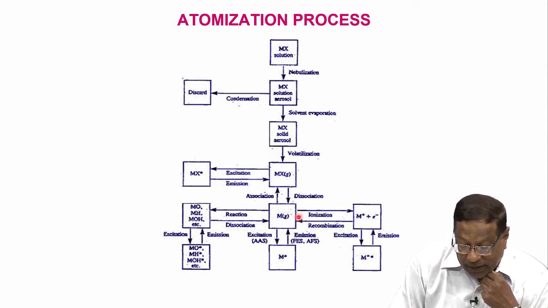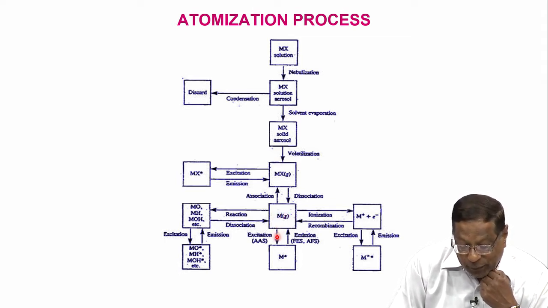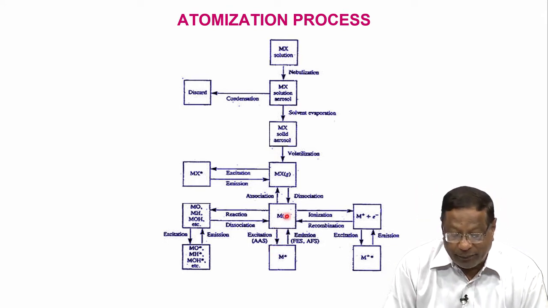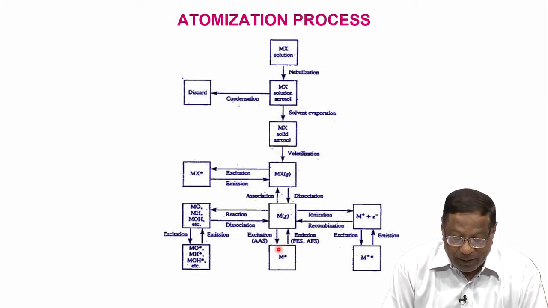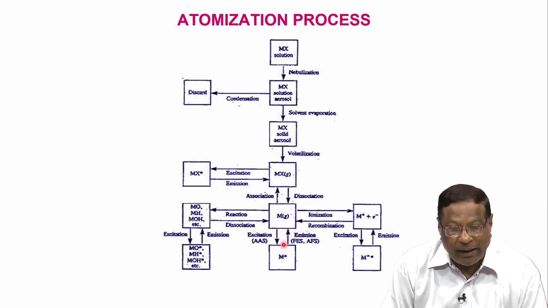Now, the other process is that the metal in the gaseous form can form atoms, and these atoms can get excited, and there will be an equilibrium between excited and non-excited metals, and it may lead to atomic absorption or atomic emission depending upon the temperature and property of the element.